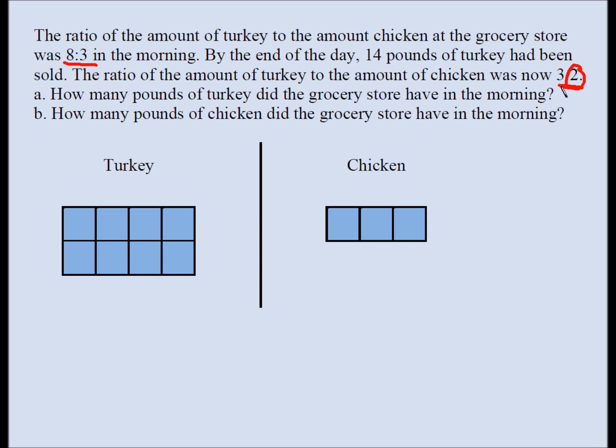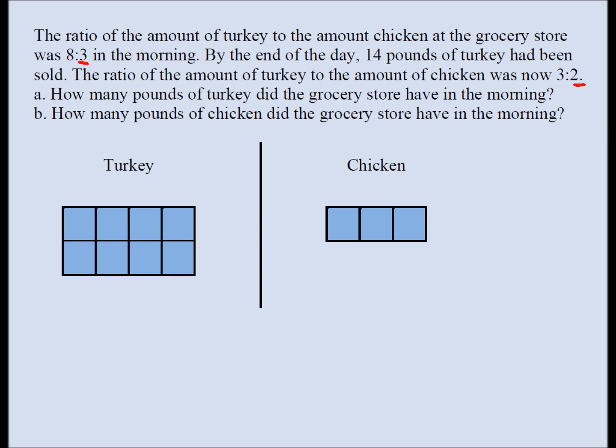Otherwise, we won't be able to compare the two quantities visually. So what I'm going to do, and this is a crucial step, since the chicken didn't change, the total amount that will represent chicken, it's a good idea to choose it so that it's divisible by both 3 and 2. And once we see the solution, it should make a little more sense why we're doing it.